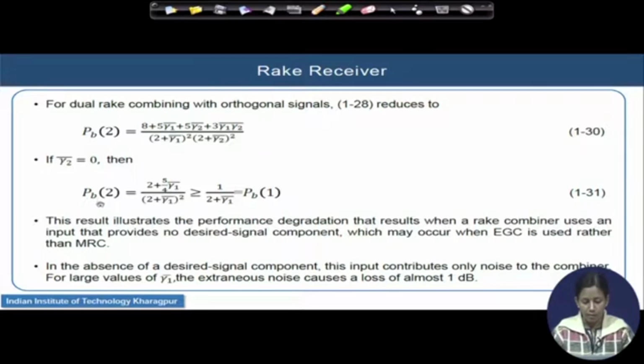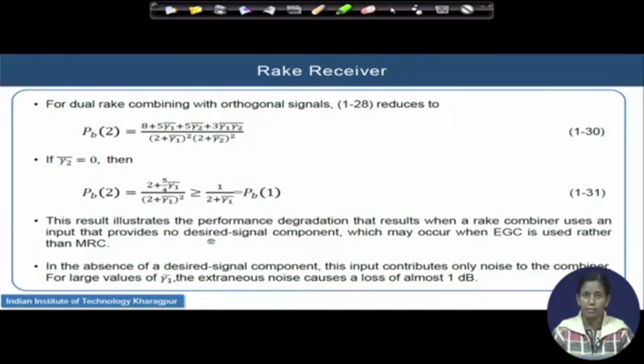Now, remember one thing: in a Rake receiver there will be a severe degradation when one of these paths gives a combiner output equal to pure 0 and does not give the desired signal component.